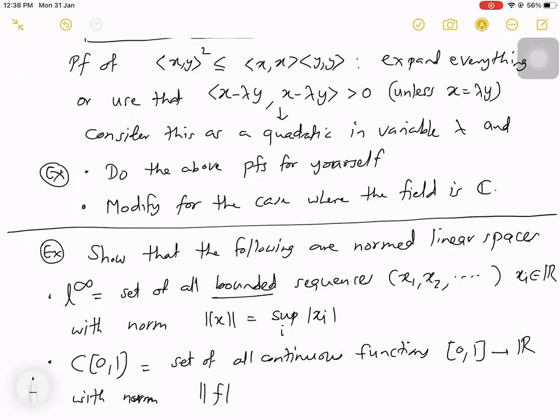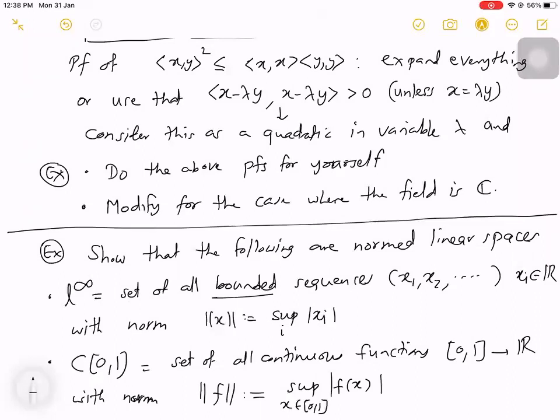Now I have to define the norm of a function. Because it's on a compact set, you can just take the supremum. Correct. So I do the same thing, supremum. But supremum of what and over what set? f over [0,1]. Right, so just evaluate the function at x in [0,1].